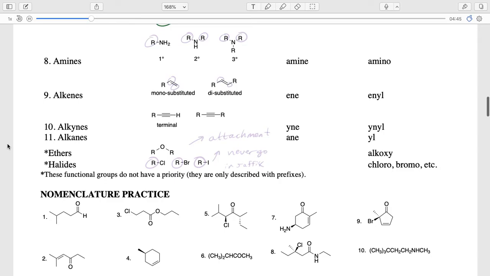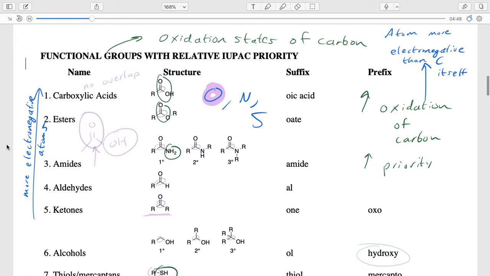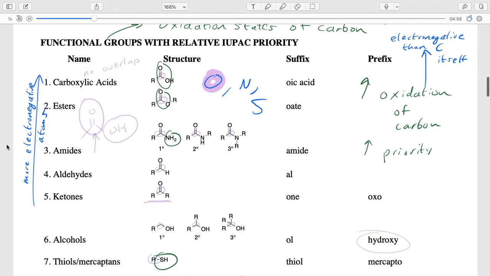And then we climb down to oxygen, carbon, nitrogen, and so forth. So now you see the trend, right? That's really all there is to it as far as the order of the functional groups goes.